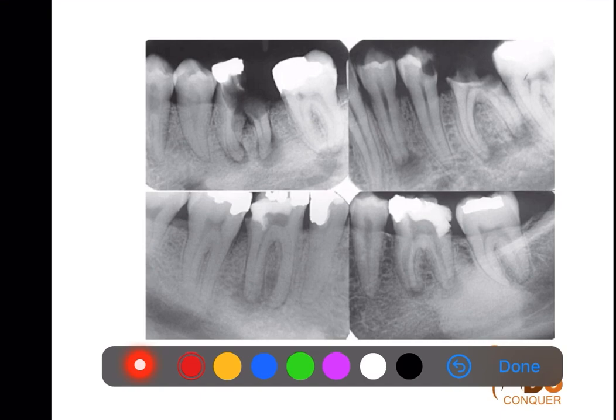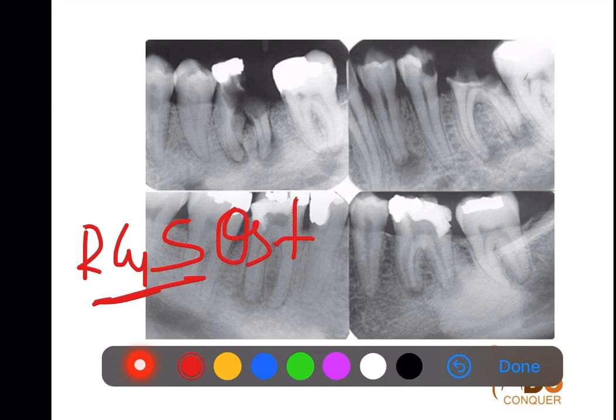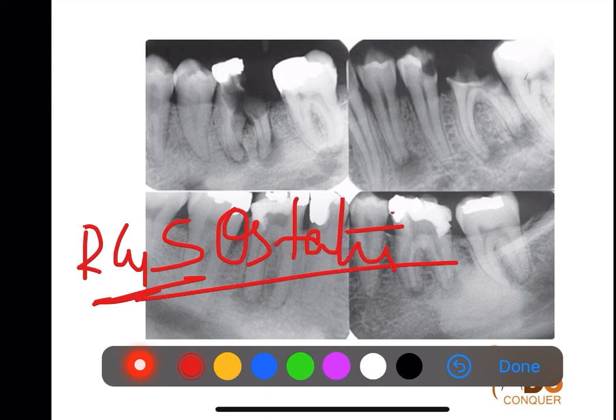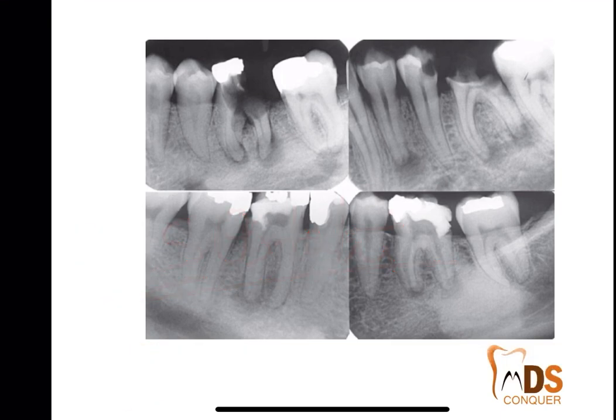Because it is a little haphazard and not confined to one tooth, it goes in favor of mixed rarefying and sclerosing osteitis. So this is regarding this particular radiograph. Hope you are getting through this. It's quite simple.